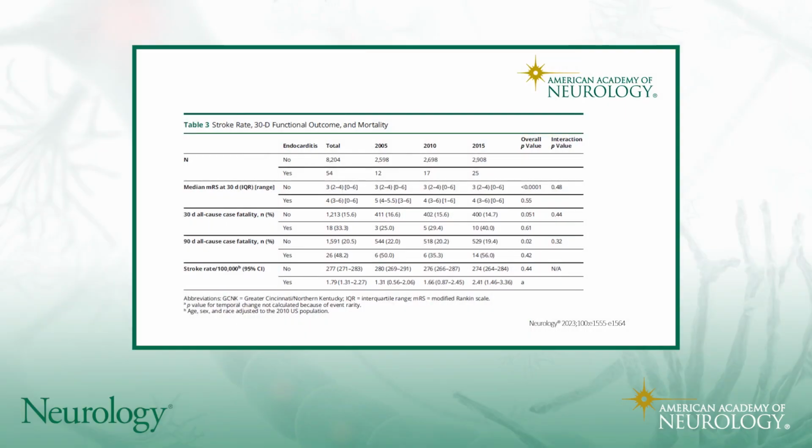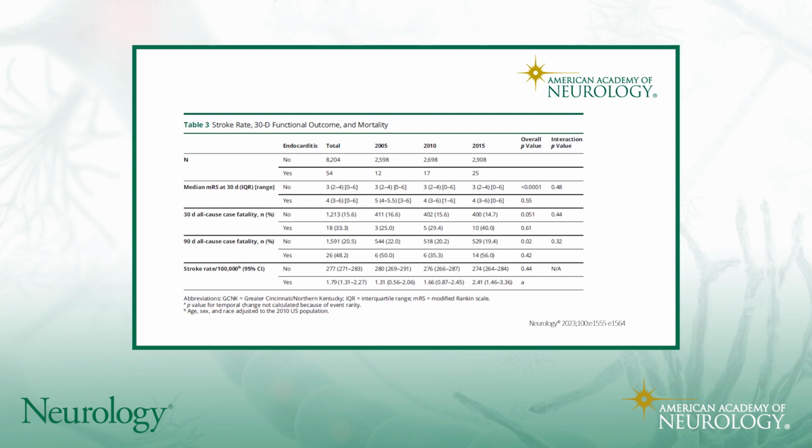Thanks for your input. I think, again, those are really good points. And unfortunately, functional outcome and mortality rates remained poor over this time period, despite advances in stroke management. And we do see a statistically significant improvement in 90-day mortality in the non-infective endocarditis-related stroke group over the same time frame, probably at least in part due to improvements in stroke care.